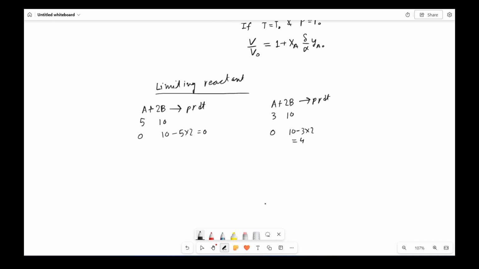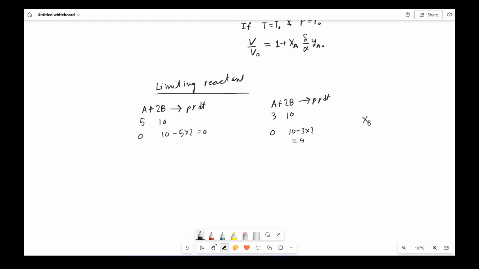Now if we choose B in this case and calculate the conversion of B, then if we use the same formula and by using B we calculate the value of A, we will get a negative value of A. Suppose B is totally consumed, then we will get a negative value of A. This will give totally absurd and wrong answers to all chemical reaction engineering problems or any stoichiometry related problem.